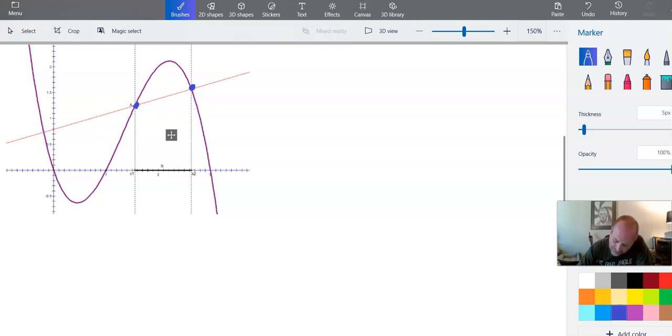And we're going to start with the definition of slope. Ooh, let's make this a little smaller. Okay. There we go. Thinner. So the definition of slope is the change in y over the change in x. Right?